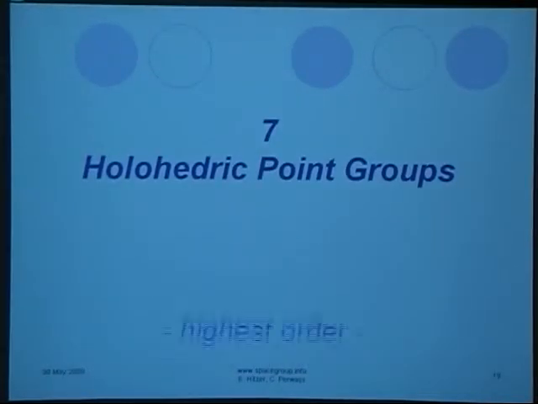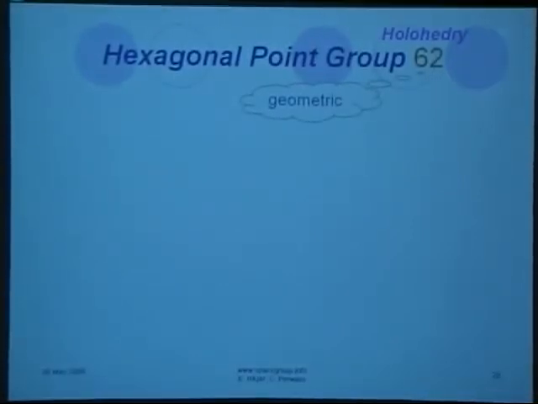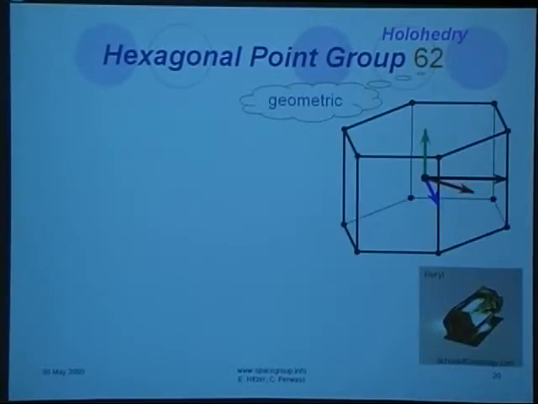So the holohedric point groups, these are the maximum point groups, and here I choose the one for the hexagonal lattice. To give you an illustration, beryl is an example, and here is a cell.